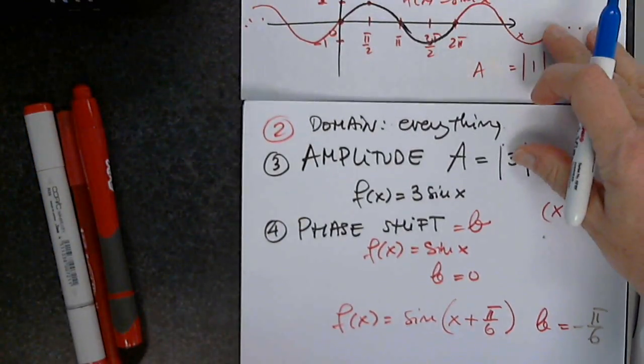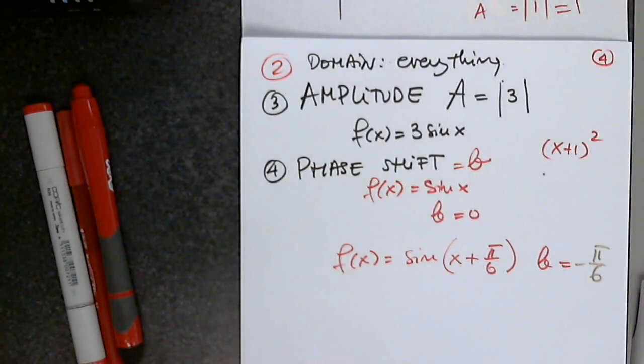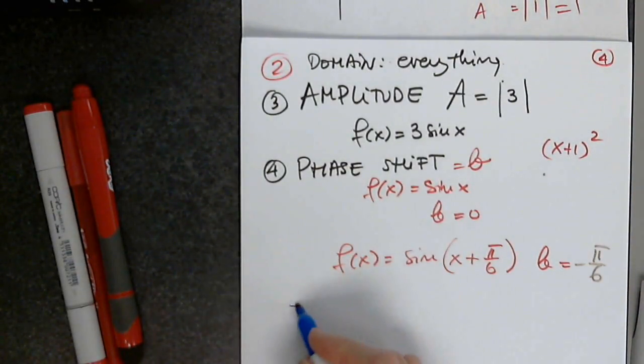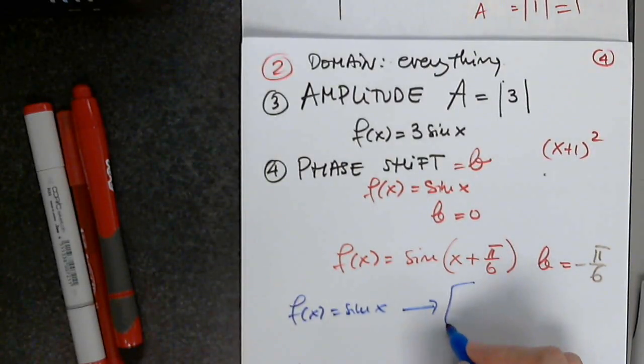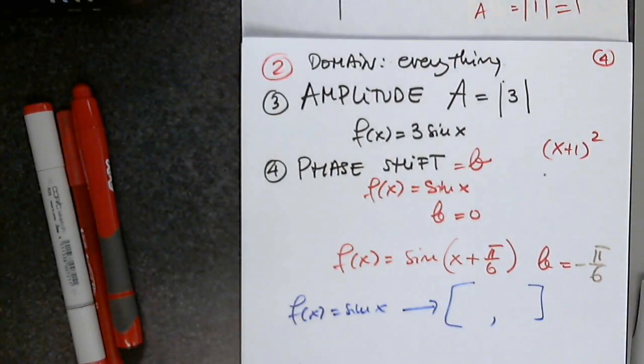So now here's a question for you. Can anyone give us, for f of x equals sine x, the most useful interval that will show a complete period for this function?